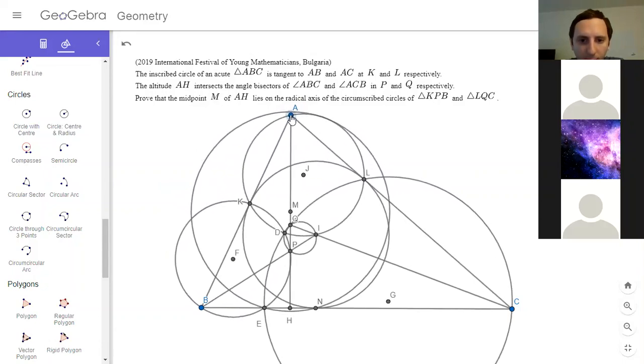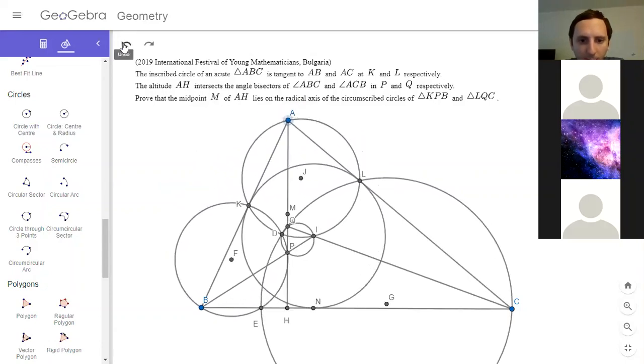Okay, that will probably help us. So ME is equal to MN. I'm not sure right now why that's true, but that might help.